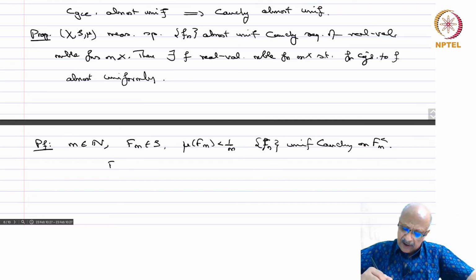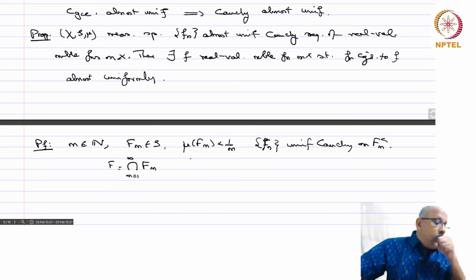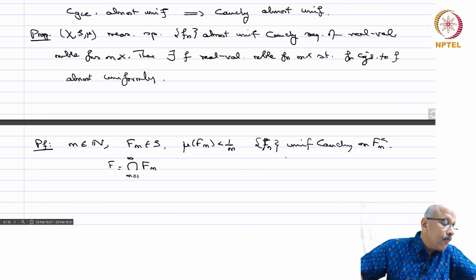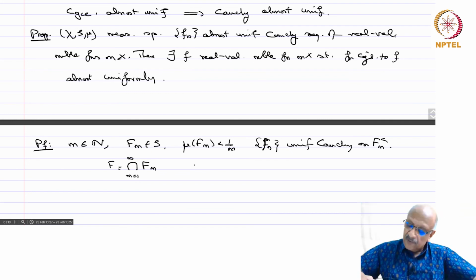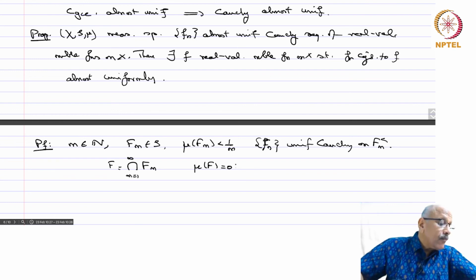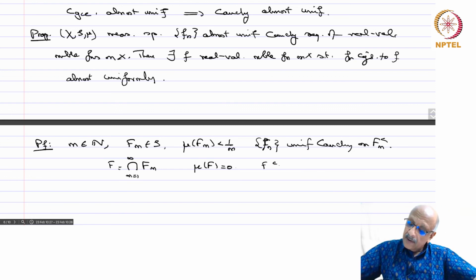So you set F equals intersection of Fm, then mu of F is 0, and F complement is the union of Fm complement.